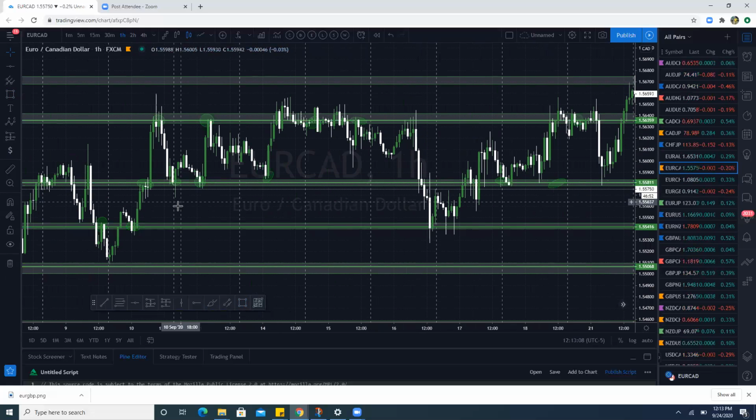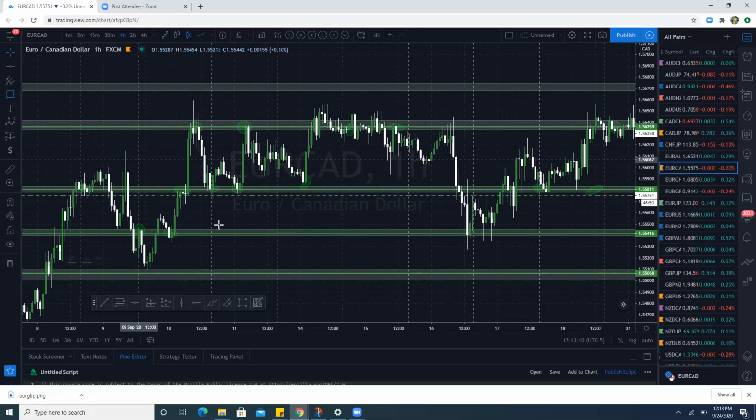Strong candle breaking the zone, another one right here. Strong candle to break the zone. That one. And even though this was a fake out, it took a strong candle to break it to fake you out. And we'll talk about fake outs in another video.